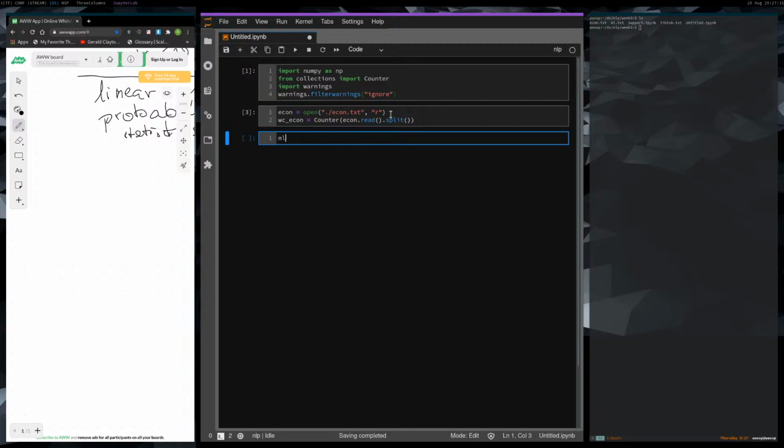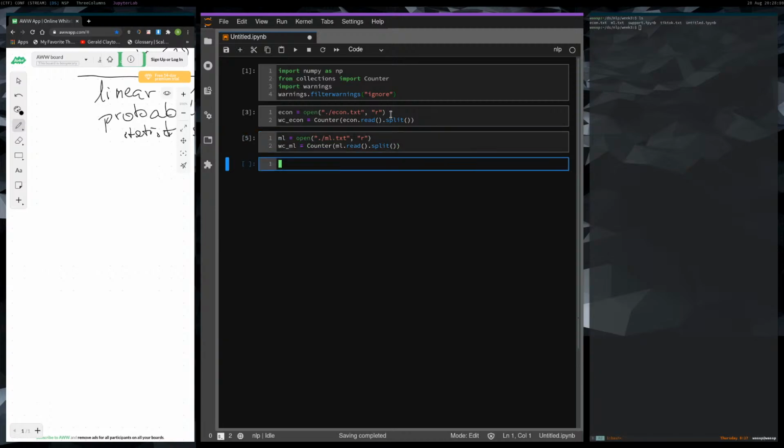So we're going to call it ML for machine learning, ml.txt. Just read it in, and then do the word count for machine learning, which is counter ml.read. We're doing exactly the same thing, splitting the words and then reading them in.